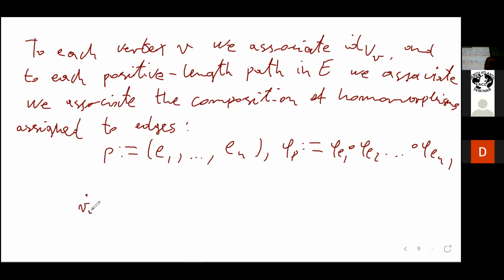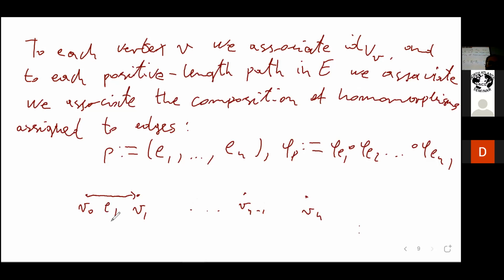Here I have my vertex V0, my vertex V1, and so on, my vertex Vn minus 1 and my vertex Vn. So E1 is an edge from V0 to V1. Maybe I'll write it like this.